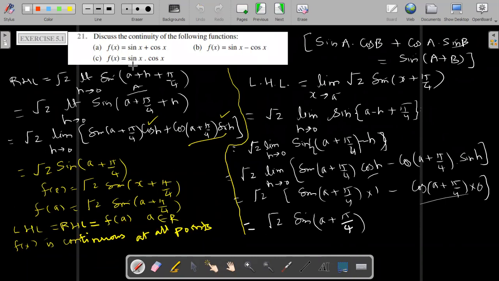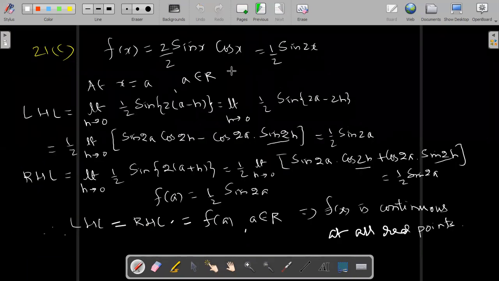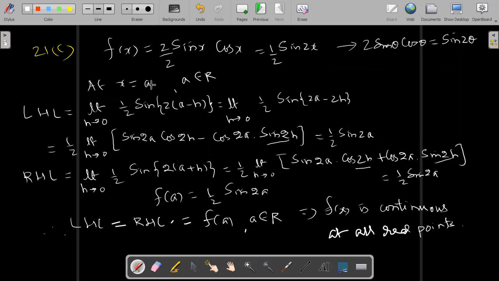So now we will do the product. In the product we will multiply and divide by 2, and 2 sin θ cos θ is equal to sin 2θ. The formula which I use here is 2 sin θ cos θ is equal to sin 2θ. So this formula is used, we get this one.